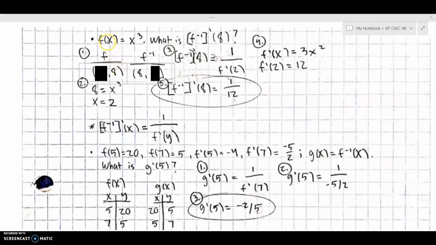If we call this y, we can just plug y right back in, right? So that would make 8 equal to x cubed. Essentially what we're trying to do here is find the x value. All you have to do is some simple algebra. You find out that x is equal to 2.